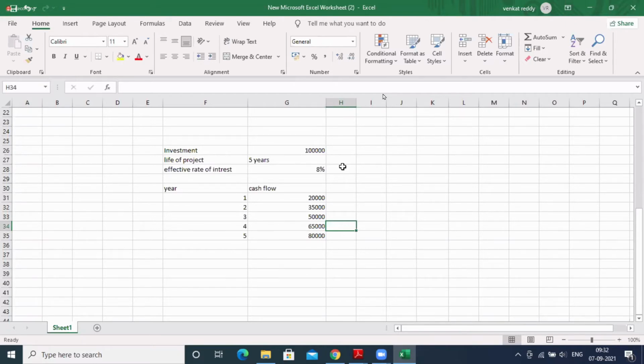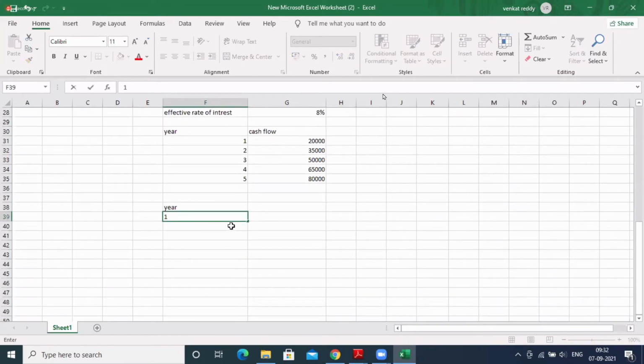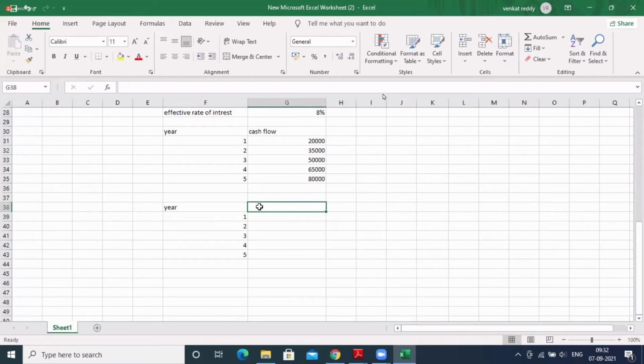So the discounting technique says that whatever future cash flows we are expecting, we need to convert into present value. So how to convert it? Now let me show this. So first, cash flows.